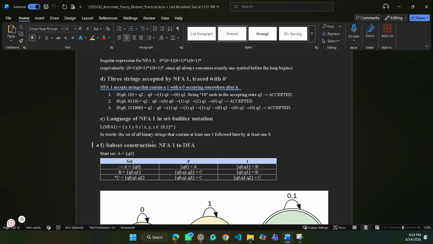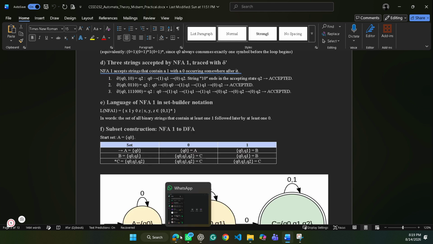For example, 1 0 is accepted because 1 occurs before the 0. Likewise, 1 0 1 1 0 is accepted because there is a 1 followed later by a 0. That's what we are saying here.